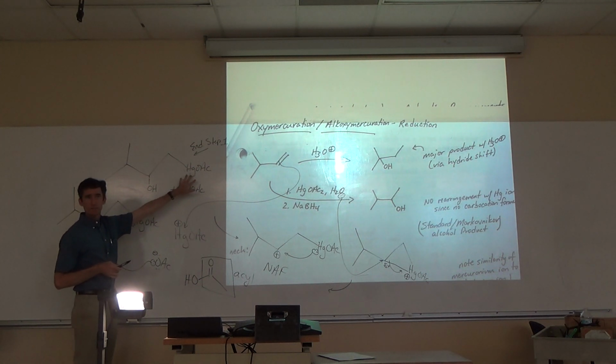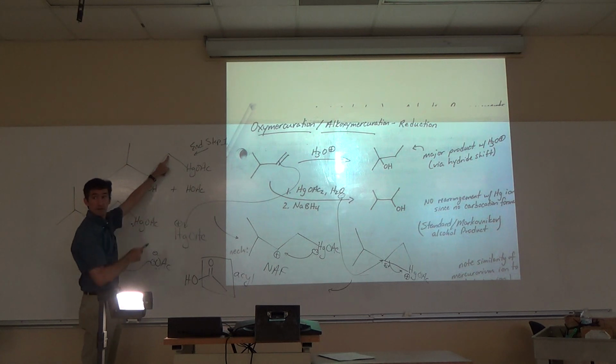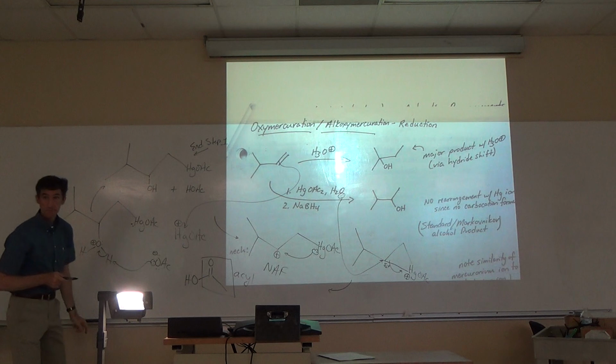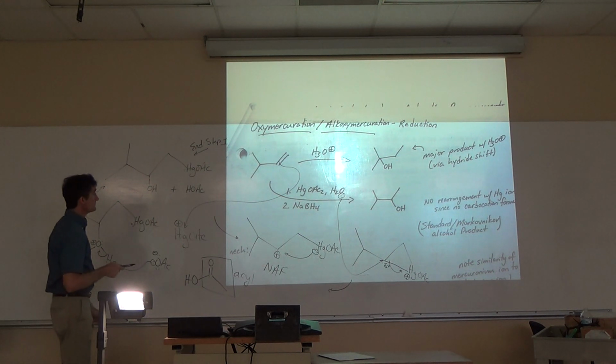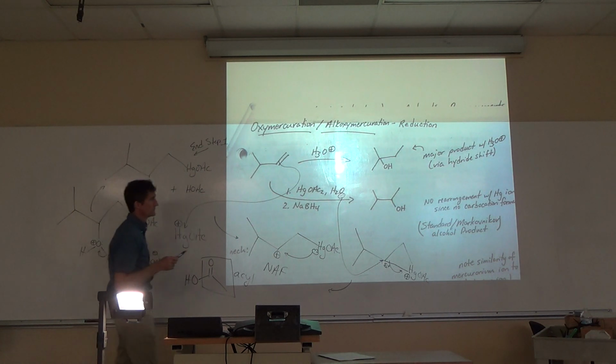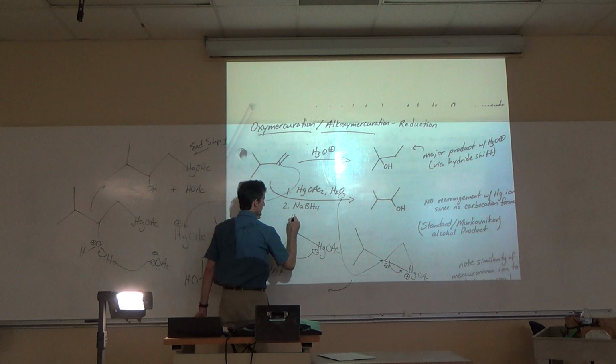What needs to replace the mercury here? Yes, there's 2 H's here. How many H's on the end product? We need to replace this with an H. We actually need H minus here. This is H minus source.